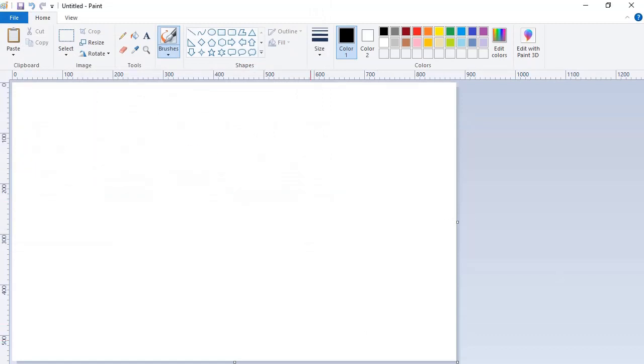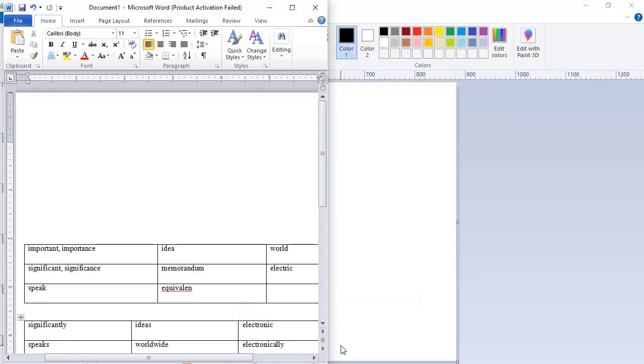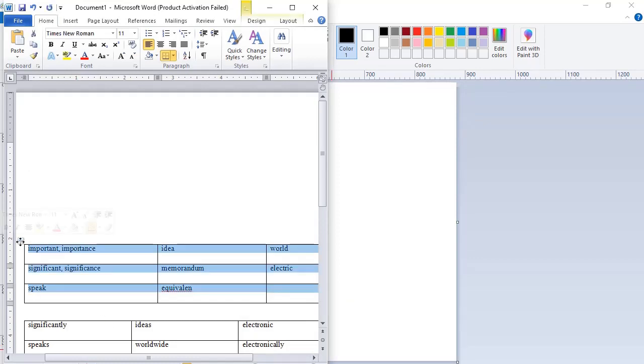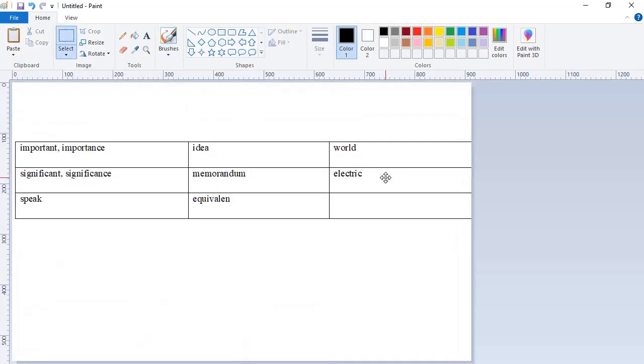So, the next one is brief form words. Ating mga brief form words. Okay? So, important and importance have the same stroke, and that is M and P. M, P. Significance and significant have the same stroke, which is sig, nif.